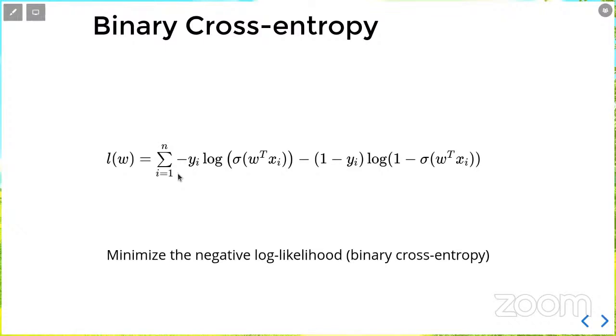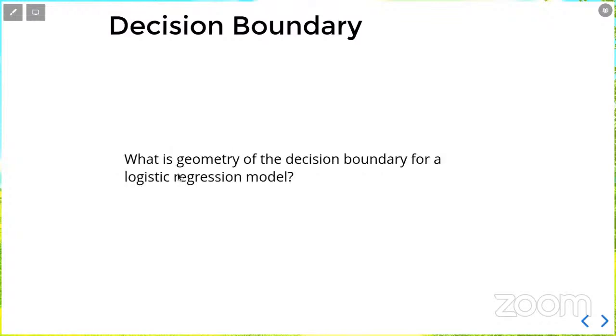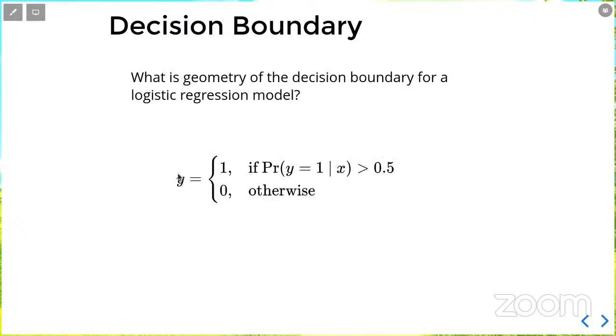Okay, so once we have assumed that we have trained the model, now it's time for inference, right? So how does the decision boundary look? This is one question we need to know the answer to.